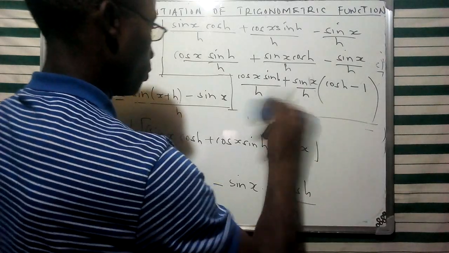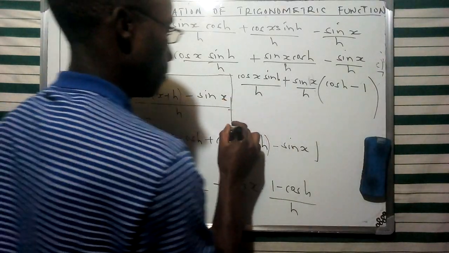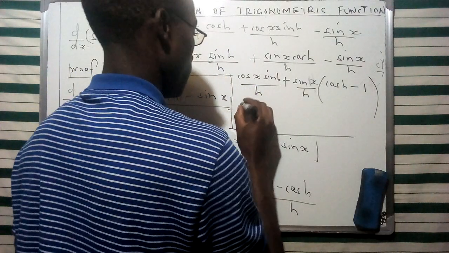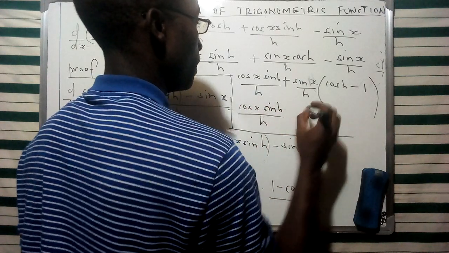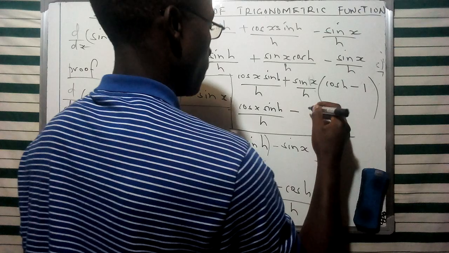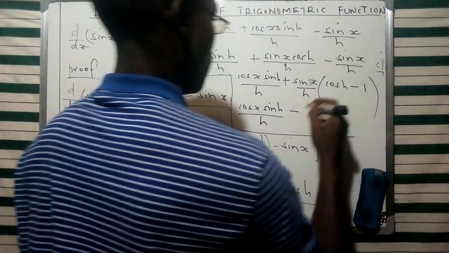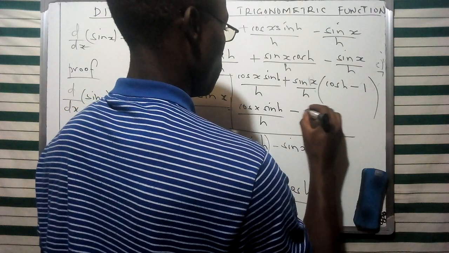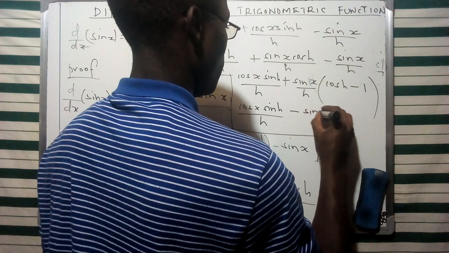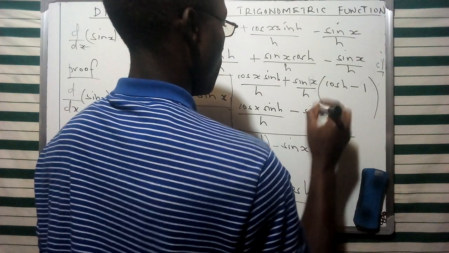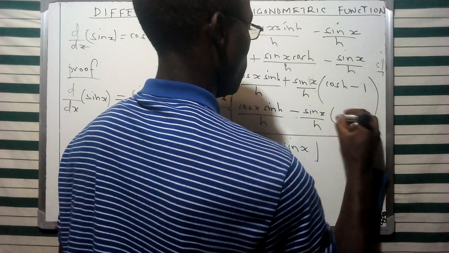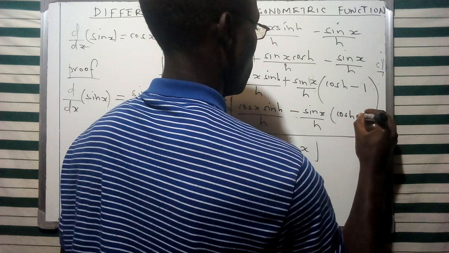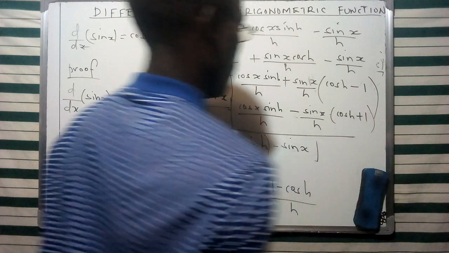So in a sense, we have the cosine of x, the sine of h all over h, and then minus the sine of x over h, and then this one into the cosine h plus 1 given as such.